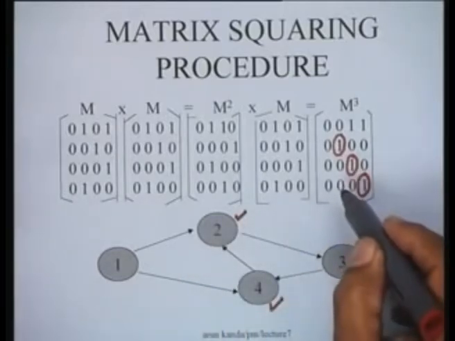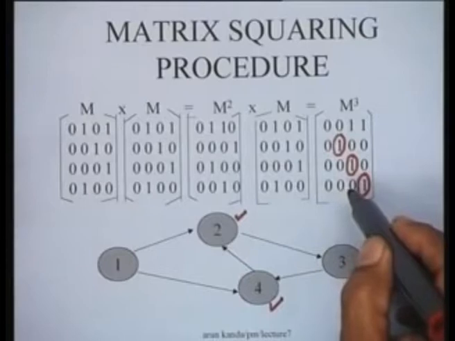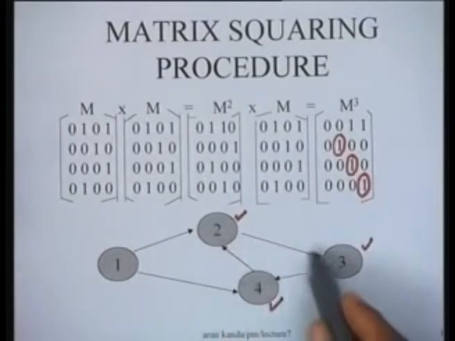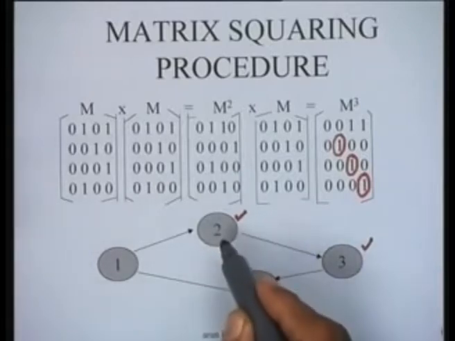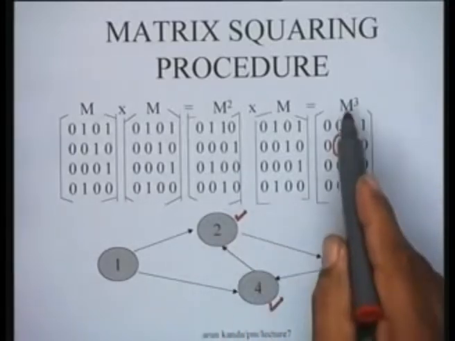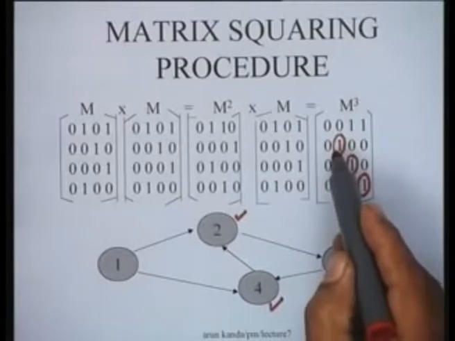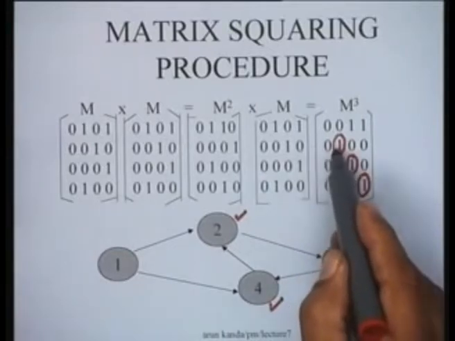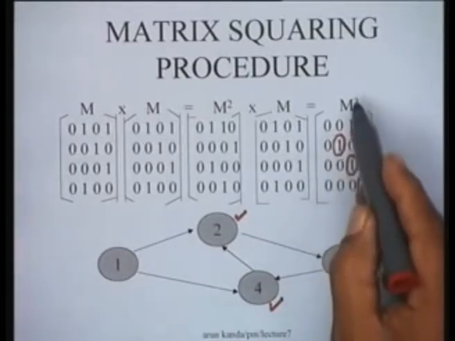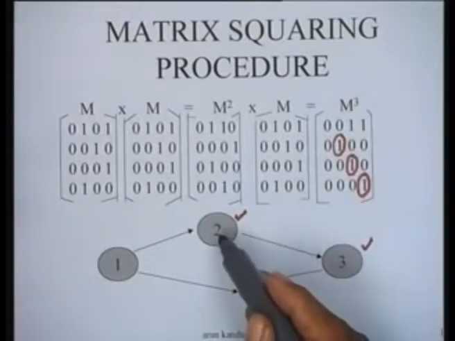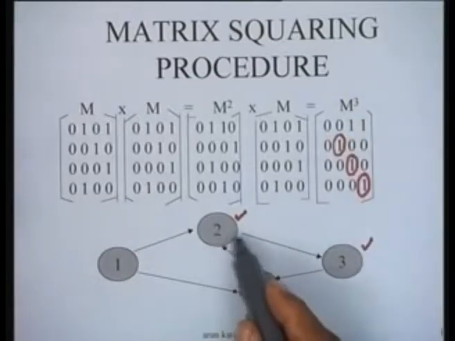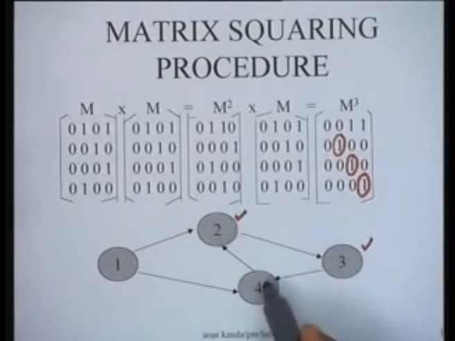So this squaring procedure automatically identifies the cycle as well and tells you that there is a problem here in the network. You see, the interpretation of M cube is that from node 2 to itself there is a third order path. From a node to itself there is a first order, second order, third order path.